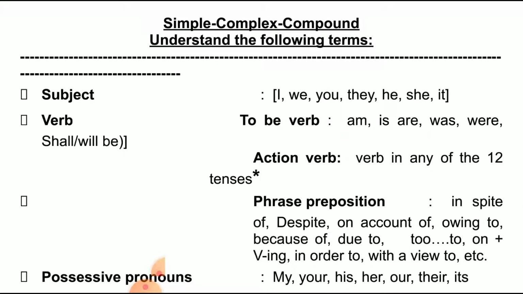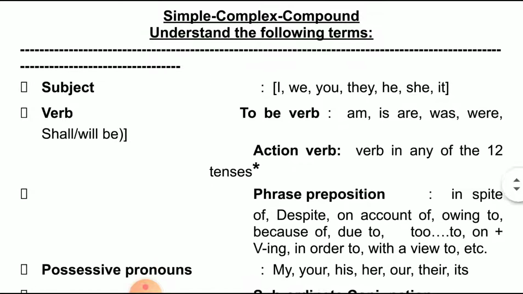Now, if there are two verbs, it can either be a complex sentence or a compound sentence. When will it be a complex sentence and when will it be a compound sentence?